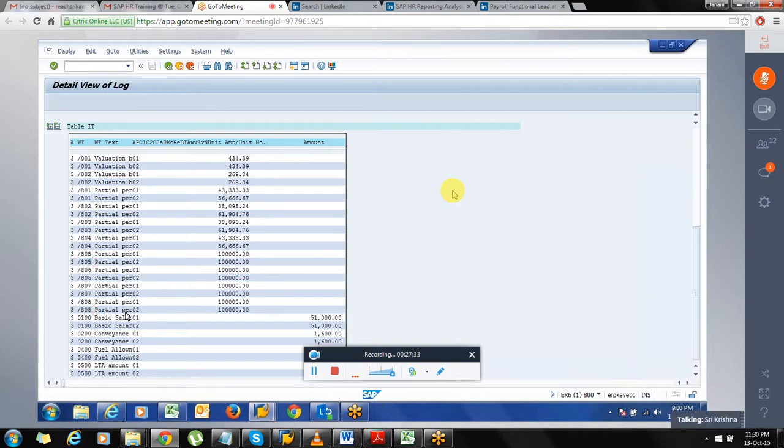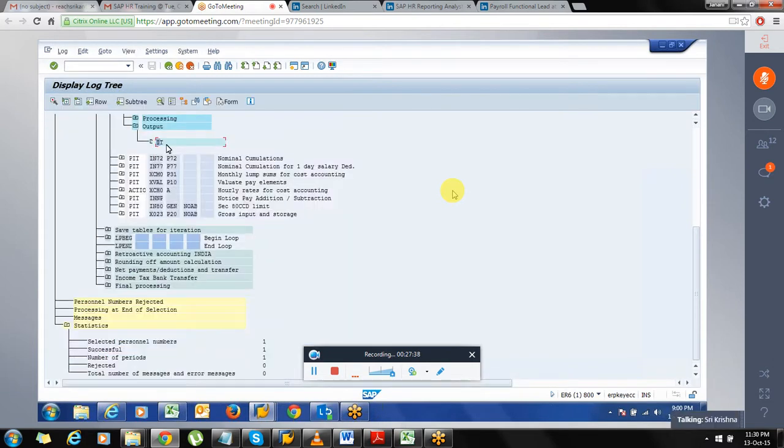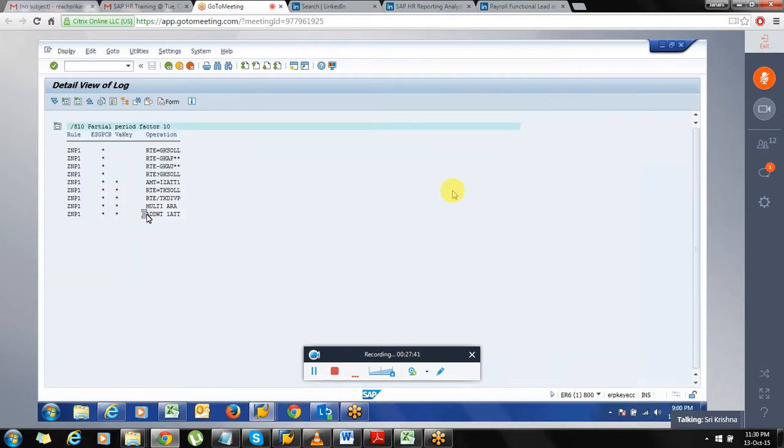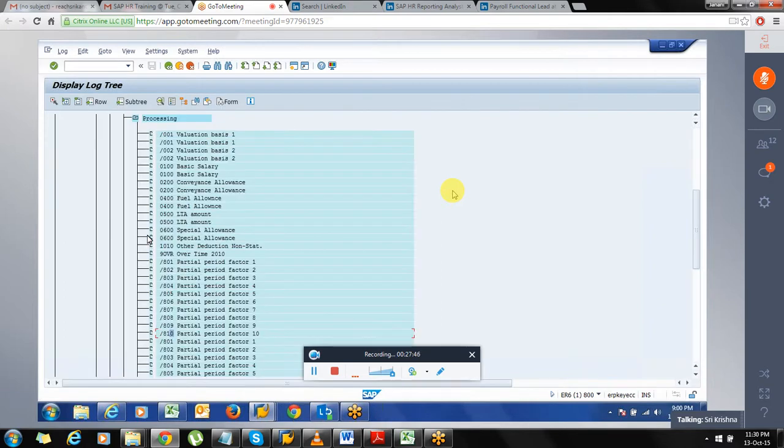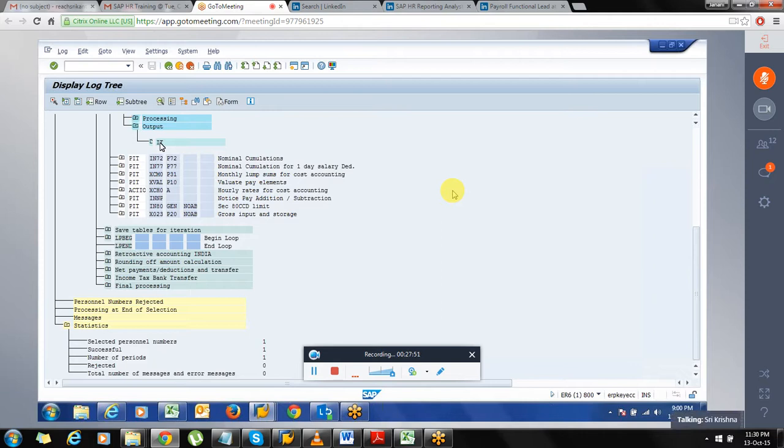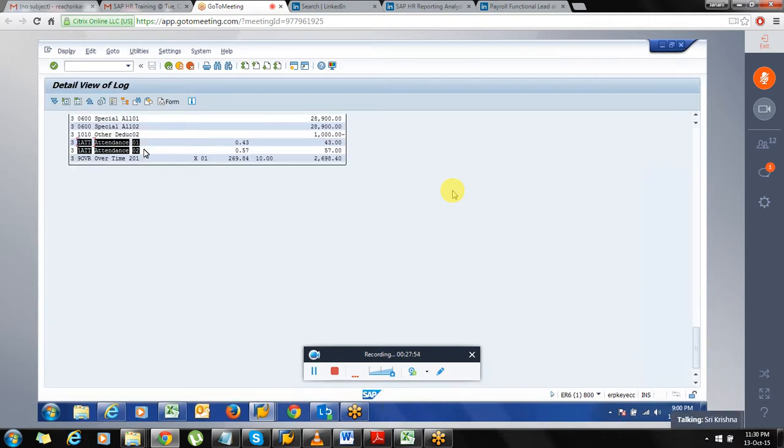Okay, we are adding it to 180. Sorry, I am checking. So we have two wage types. If you see rate, what I said, 0.43 and 0.53 for split indicator 1 and 2. Then it is dividing the amount like this, and if you see finally your amount will be like this.